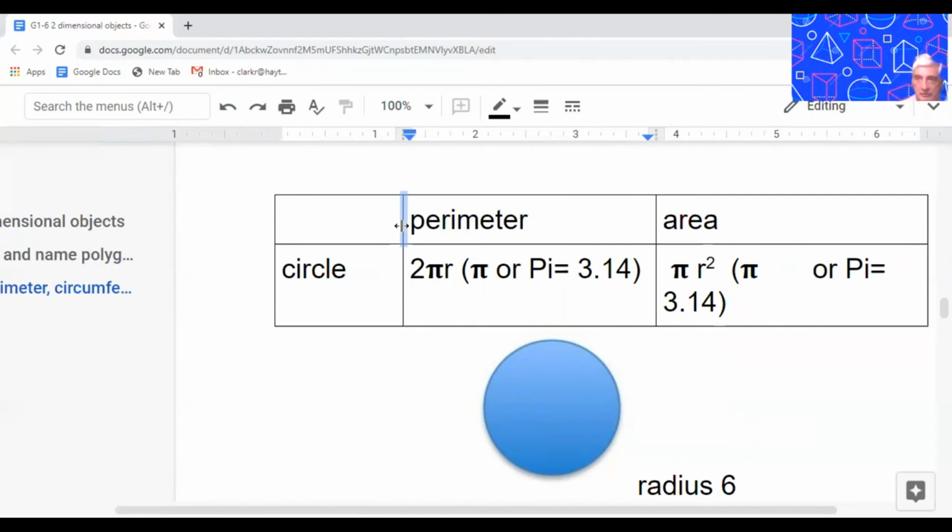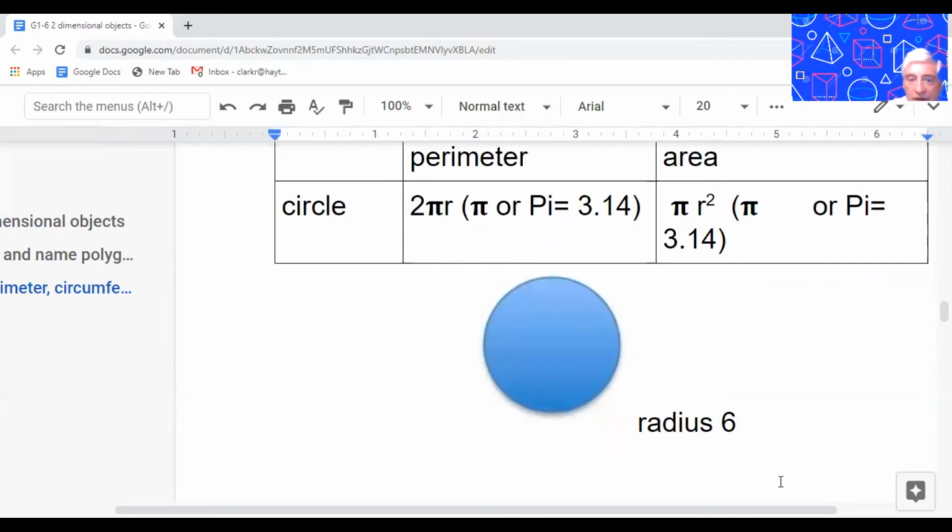We have circumference, which is Greek for perimeter, distance around the circle. Think of this as a hula hoop. The distance around the hula hoop would be 2 times pi times r, and r is 6. So our circumference is 12 times pi. 12 times 3.14. What's 12 times 3.14? It's about 38. But that's why you have a calculator.